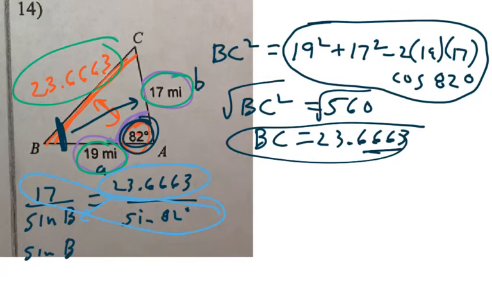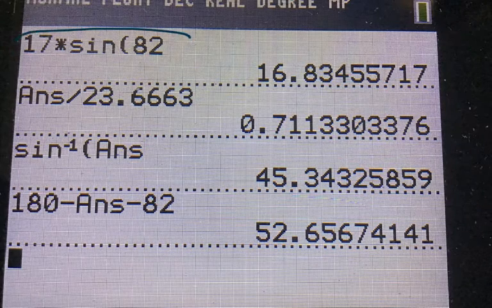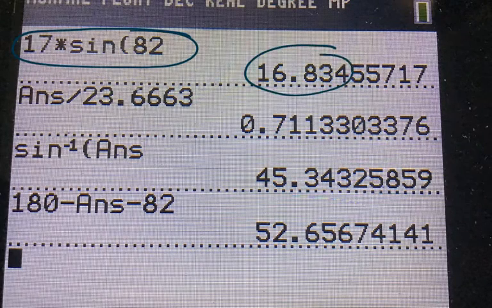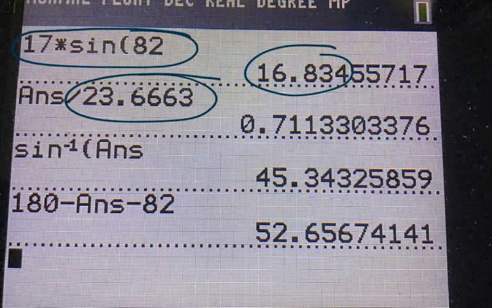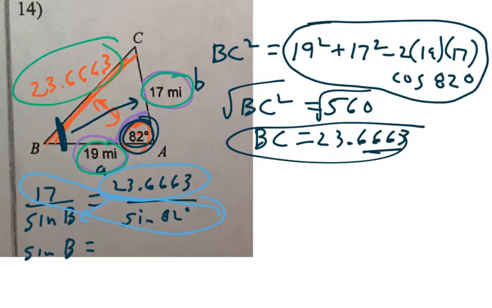So the sine of B is going to equal 17 times the sine of 82 is this. Divide by 23.6663. This is the sine of angle B, 0.7113. Right? So sine of B is 0.7113. To find B, I'm going to do the sine inverse of that, right?